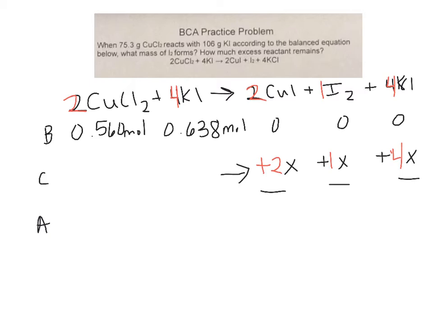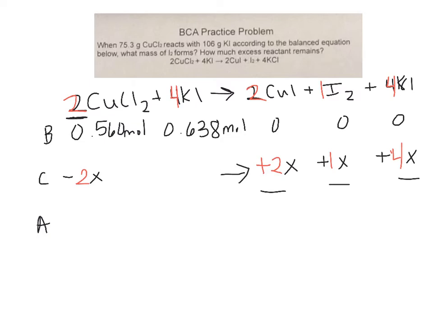Now, the reactants are going away, of course. So we're actually going to subtract those off when we change. And just like we did on the product side, we're going to use the coefficients. So I will be losing the copper 2 chloride. This time, when I lose it, it's going to be a 2x, and the 2 is coming from that coefficient right here.